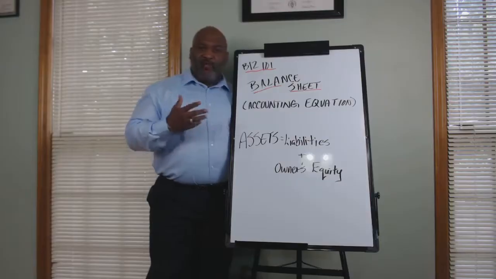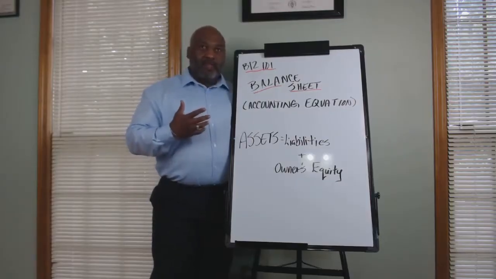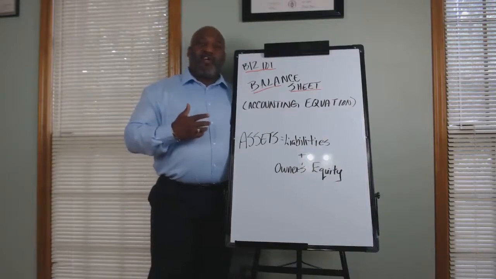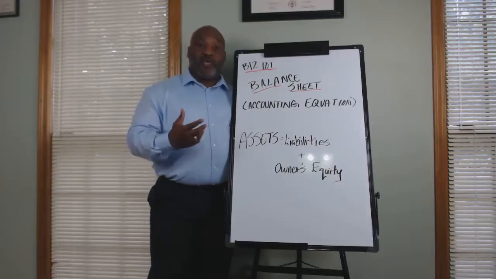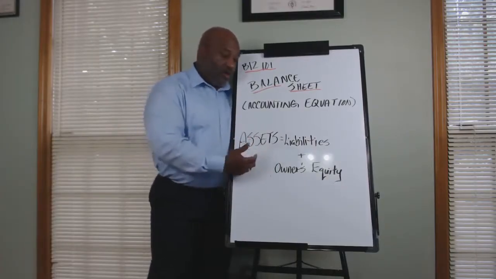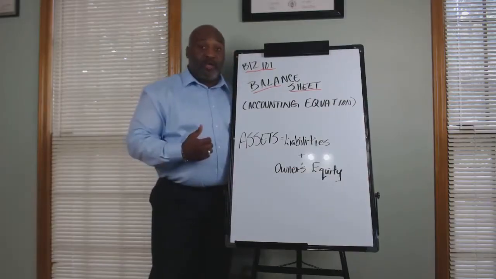Okay, so you asked me, Deonte, why is this important and how is it used? When you look at it from the standpoint of being a business owner, you may want to know the financial health because you may want to expand your business and you might be cash strapped. So what could you do? You can either go get a loan or get some investors and sell equity, or ownership, in your company.